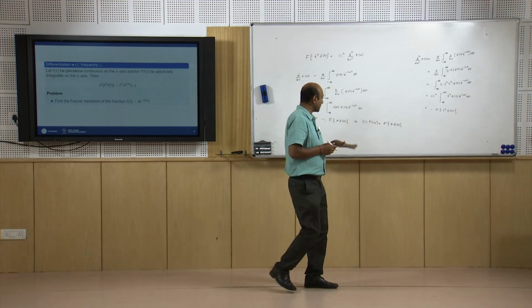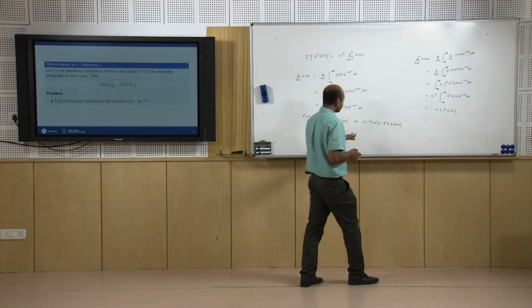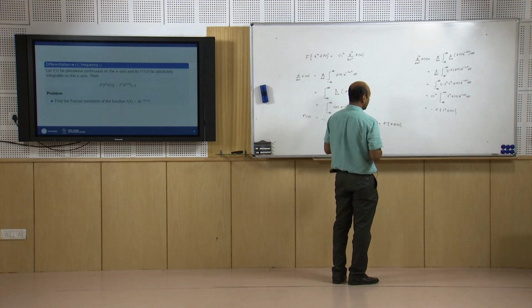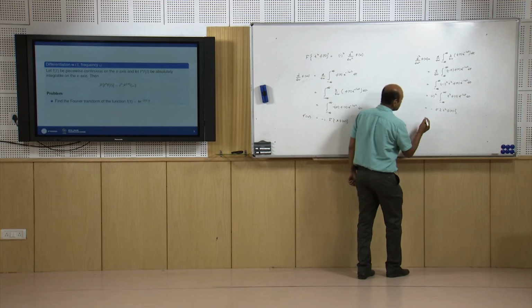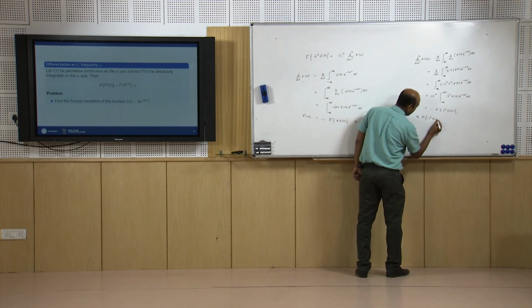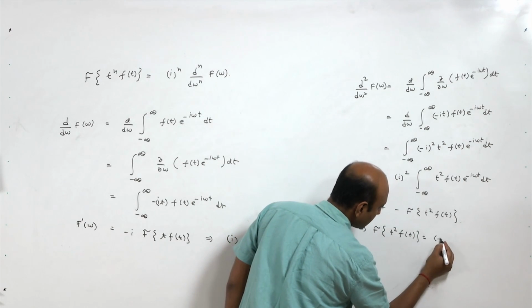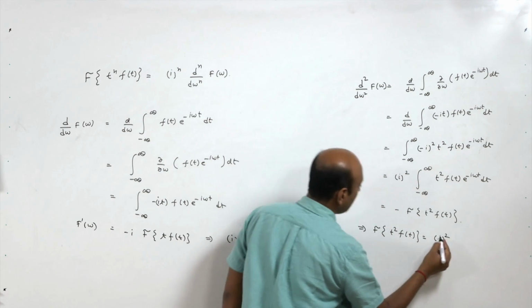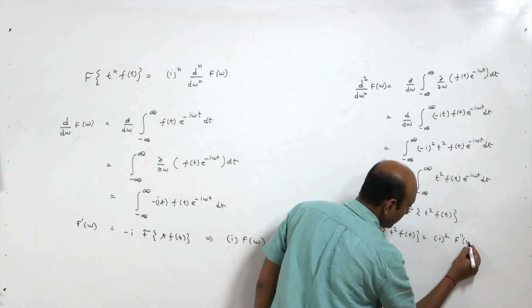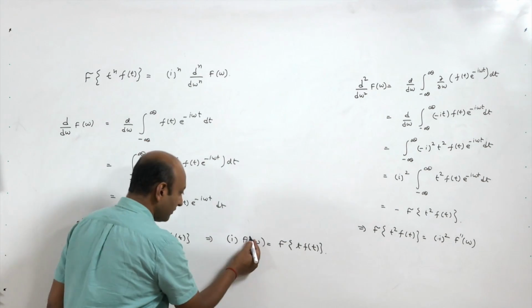This is nothing but the Fourier transform of this. Now, this implies the Fourier transform of t square f t will be nothing but iota square times the double derivative of f omega. Here we have a single derivative and here we have a double derivative.